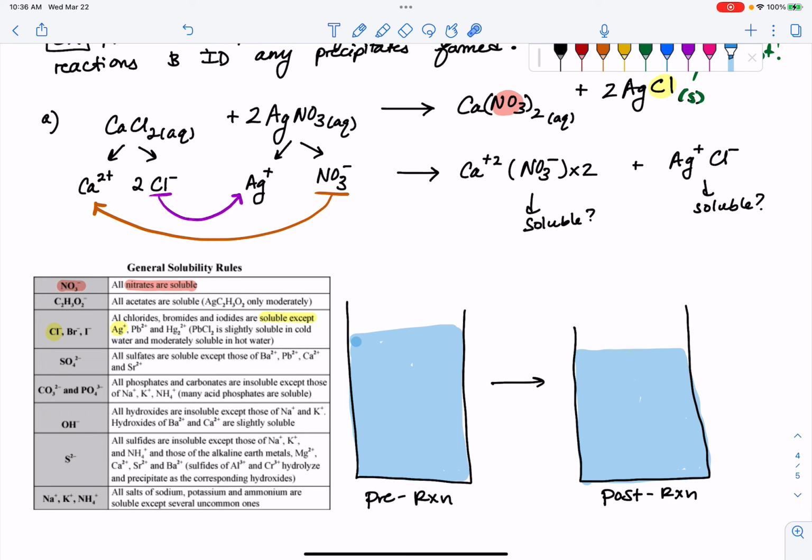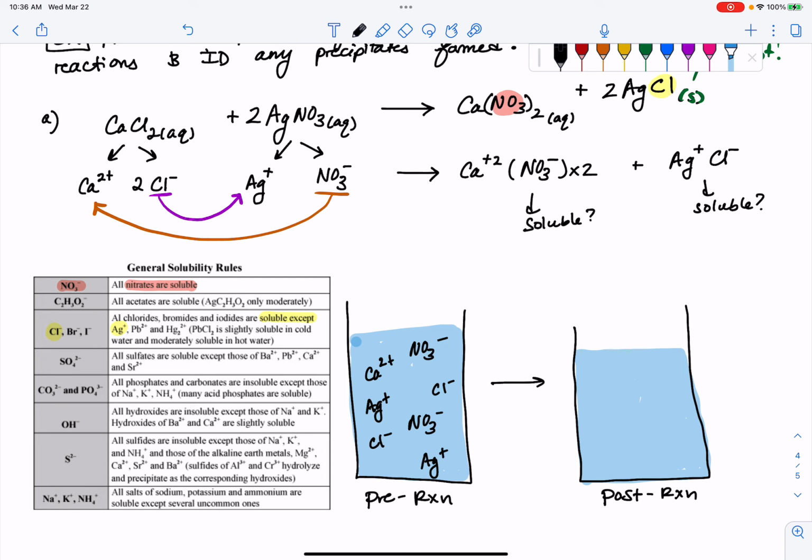So I have 1 calcium chloride, which is going to put in Ca2+, and then 2 chloride ions. And then I have 2 silver nitrates, so I'm going to generate 2 silver cations and then 2 nitrate anions.